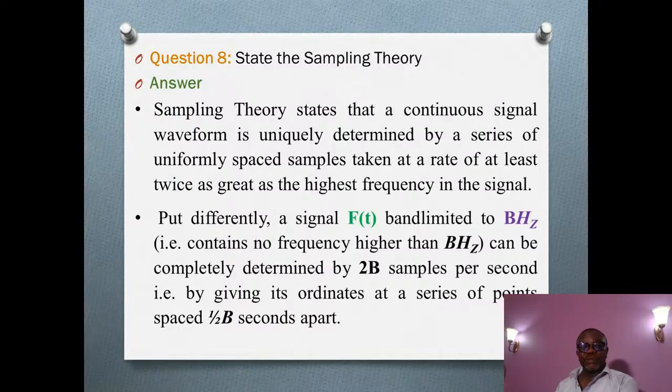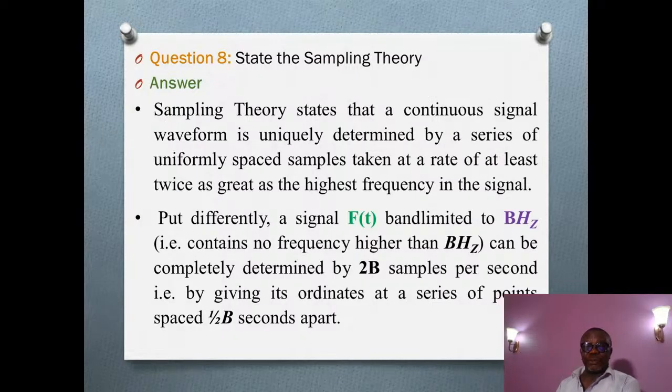Now, if we put it another way, a signal f of t band limited to B hertz, that is, contains no frequency higher than B hertz, can be completely determined by 2B samples per second. That is, by giving each ordinate at a series of points spaced 1/2B seconds apart.